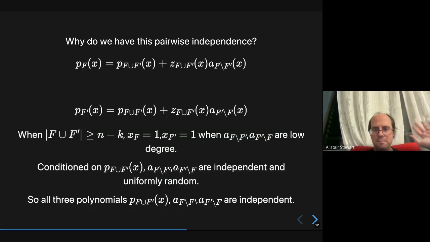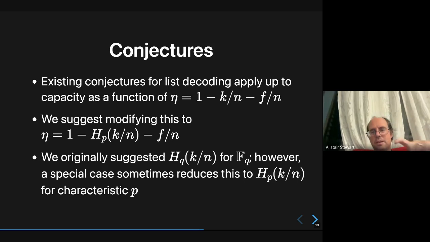Anyway, I can explain maybe why we get pairwise independence, but I'm not sure anyone cares, so let's carry on. Conjectures. Okay. People were doing things based on this eta, which is 1 minus the rate and error decoding fraction.